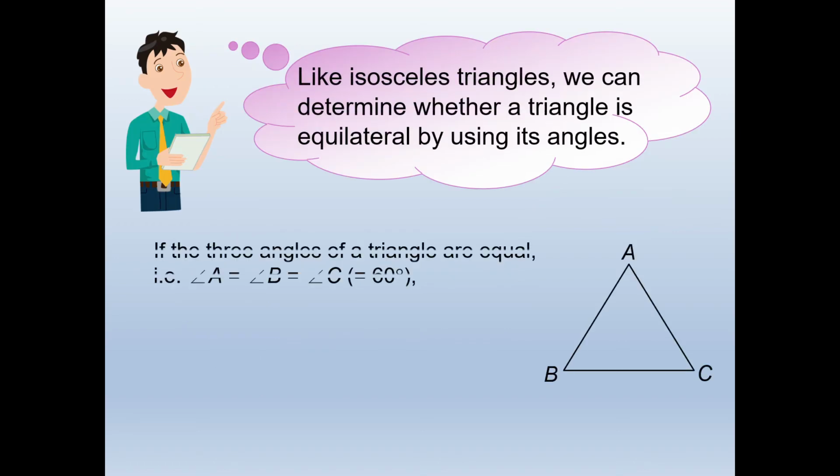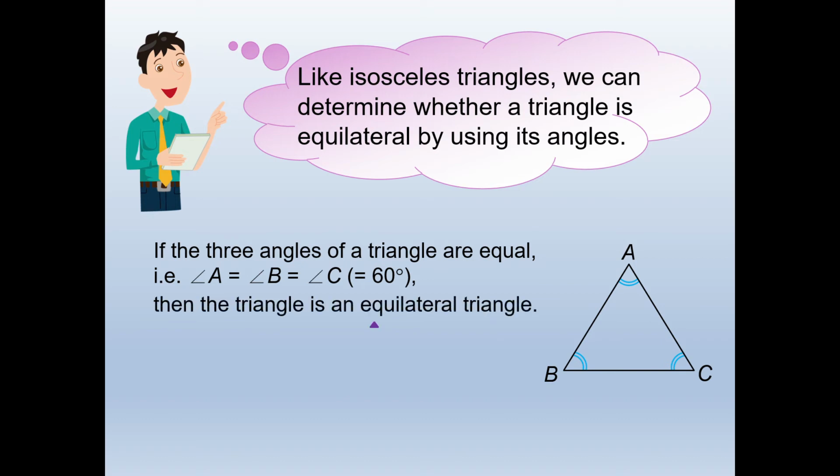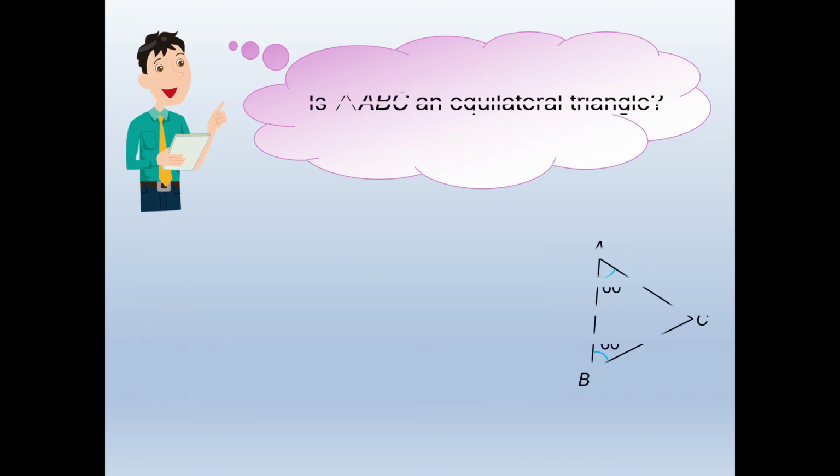So let's move to our second part, to prove a triangle is an equilateral triangle. If we know the three angles of the triangle are equal, that means they are 60 degrees. Then the triangle is an equilateral triangle. So now, let's look at this figure.